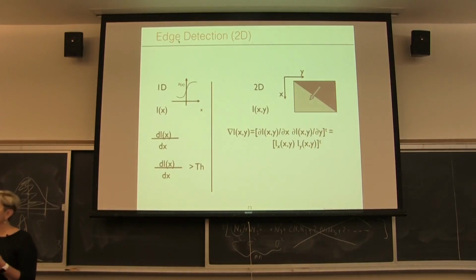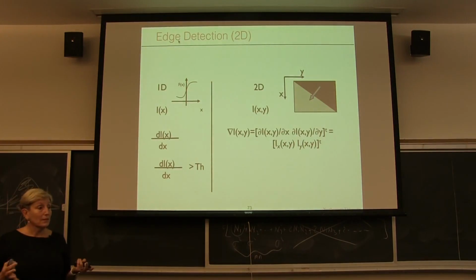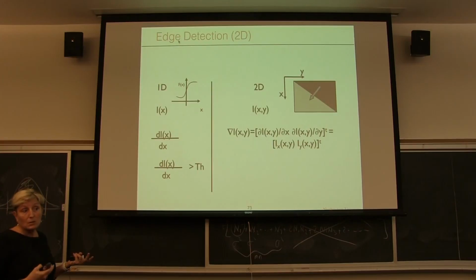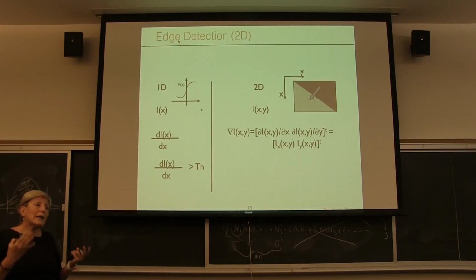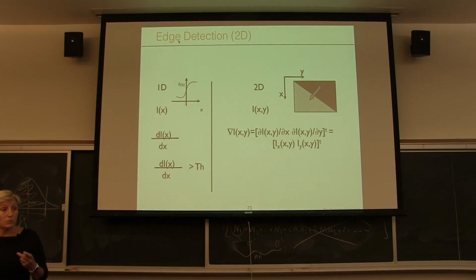Now, how do I know that I have an edge? When I have 1D, I was doing a thresholding on the derivative, right? How do I threshold a vector? It's kind of not nice to do, right? So what do you do? Average or sum of them? Yeah, I could do that. Basically, what I do is that I take the norm. It could be the norm 1, what you're saying, or I can have the norm 2.